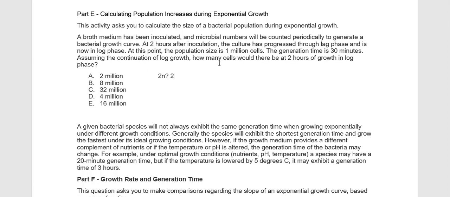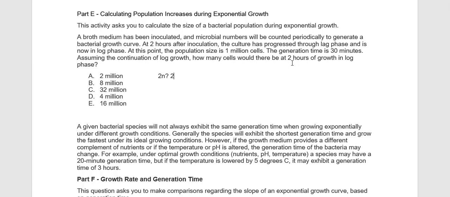And it wants to know how many cells will be there in 2 hours. We can very easily figure out how many 30-minute segments are in that. We can do that quick and easy in our head. We know that there are 4 30-minute segments in 2 hours, right?